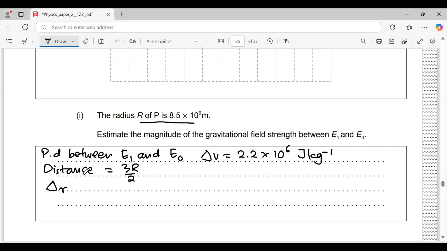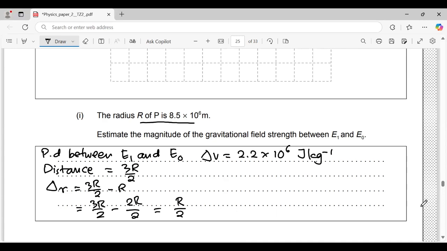The distance between E1 and E0 is 3r over 2 minus r, which is 3r over 2 minus 2r over 2, giving r over 2. That is delta r.